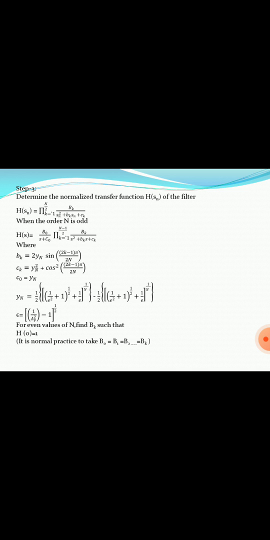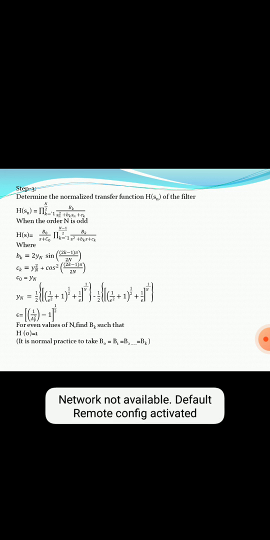If this order is odd, we have separate formulas: H of s equals b naught divided by s plus c naught, times the product for k equal to 1 to N minus 1 by 2 of b k divided by s square plus b k s plus c k. For all the parameters b k, c k and c naught, we have formulas. If the order N is even, we have a separate formula.